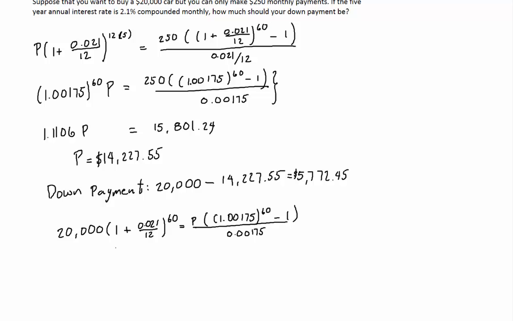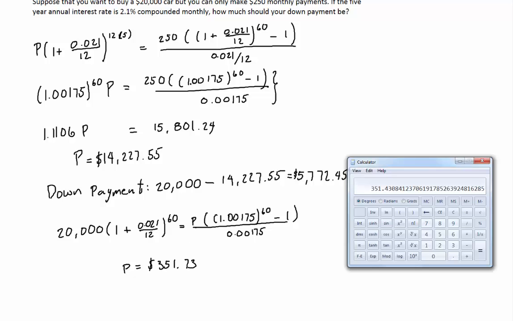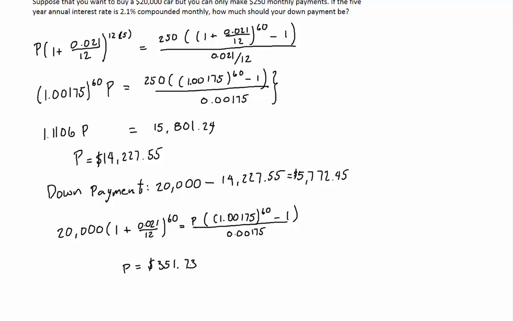So I'm trying to find the opposite. And when I solve, I find that my monthly payments are $351.43, sorry, with 43 cents. And that would be our monthly payment if we didn't have any down payment.